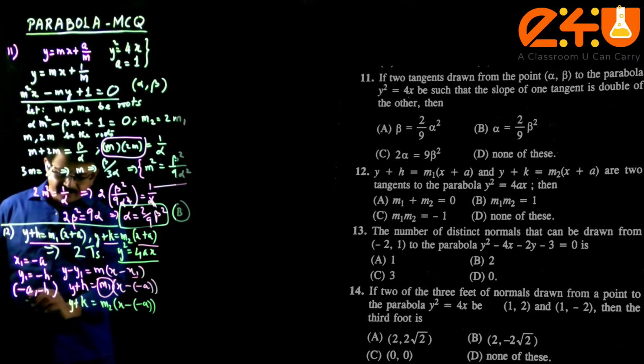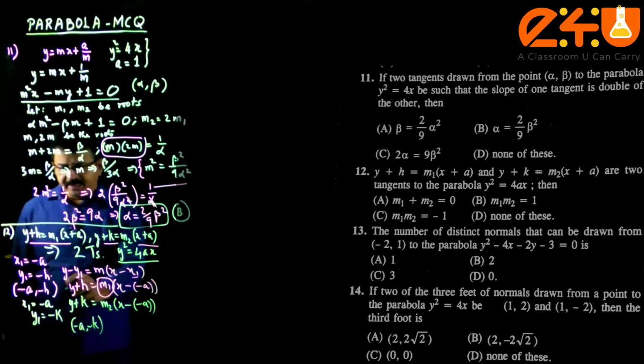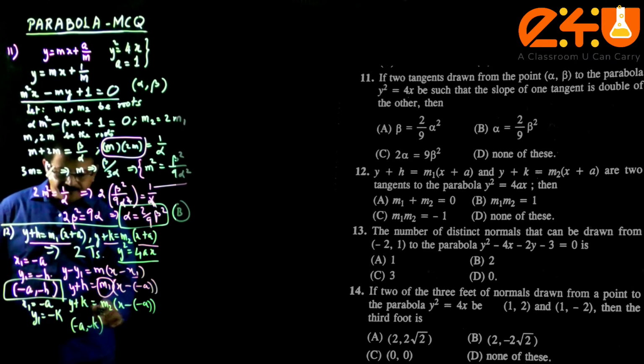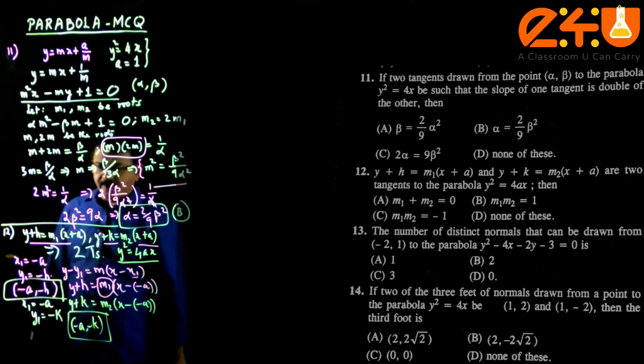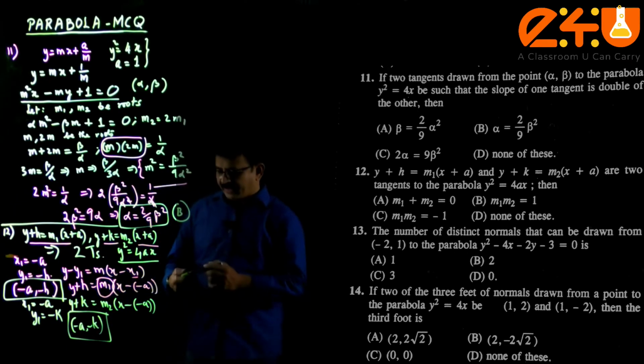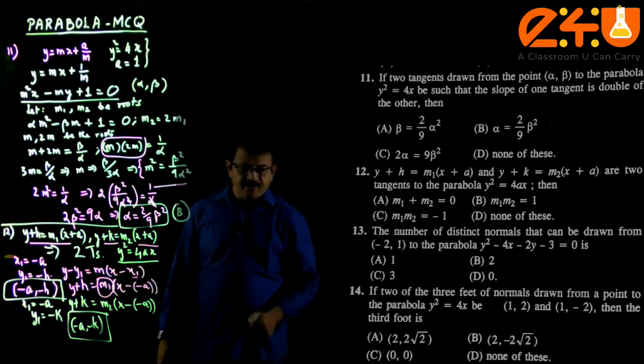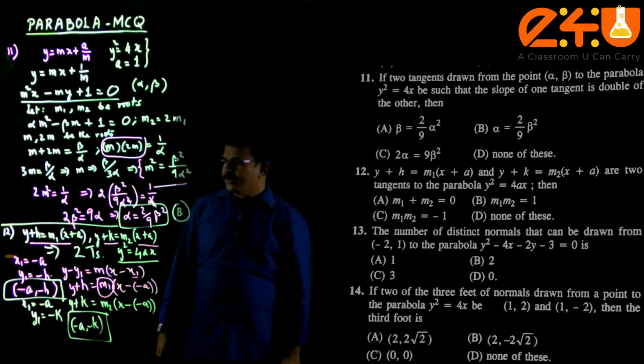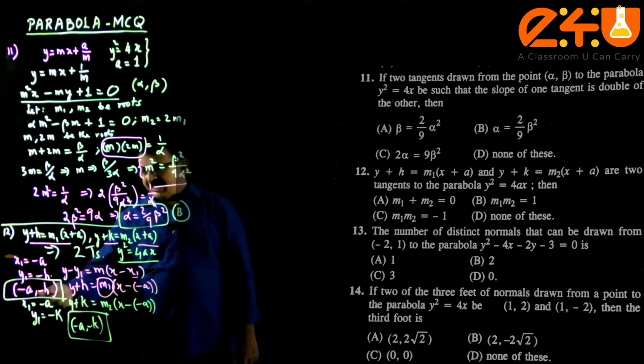Minus a only, and y1 in this case is minus k. So from where did he draw the tangent? Minus a comma minus k. Now I have two different tangents. So both are tangents drawn from minus a comma minus h and minus a comma minus k.